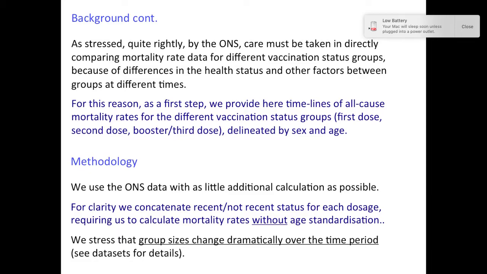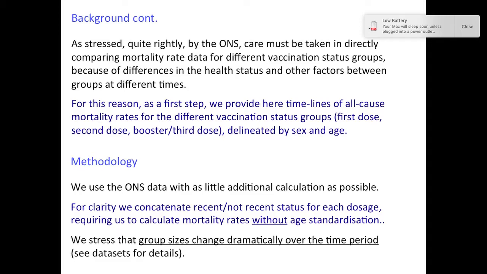What we can do, though, and what we'll be doing here, is looking at timelines of all-cause mortality for the different vaccination status groups. This will give us a lot of information, I think, about, again, the efficacy and impact of the vaccination programme. Very briefly on methodology, our approach is to use as little additional calculation as possible with the ONS data, because that would be a source of possible error, and we want to be as secure as possible with this data.